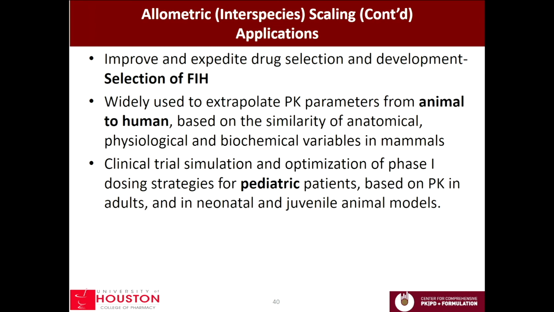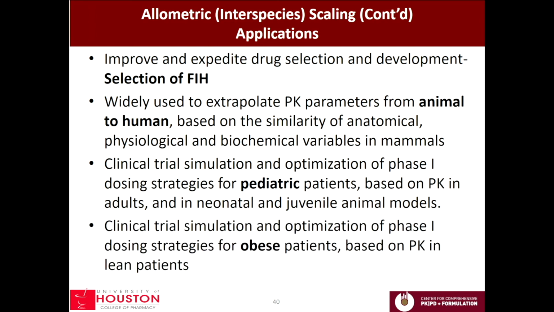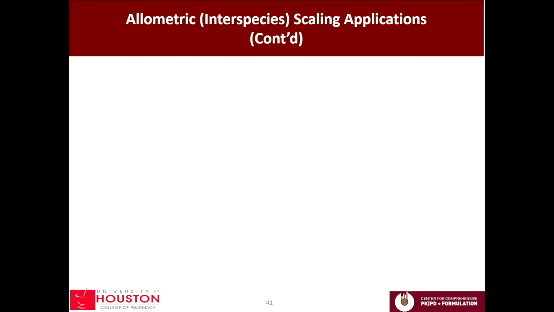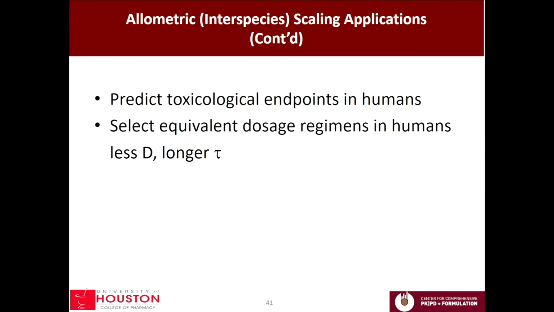Clinically, we can extrapolate these parameters from adult to pediatric population, and from normal subjects to obese population in terms of pharmacokinetic parameters. And also tox endpoints into human. From there, plus the exposure correlation with PD, we can probably more rationally suggest what the dosing regimen in human will be.